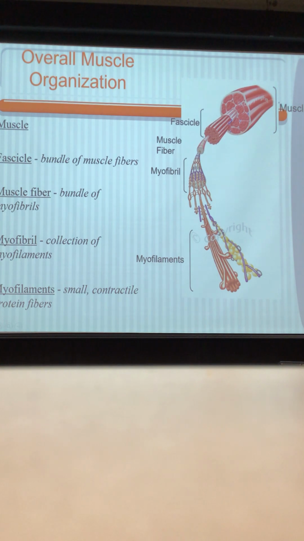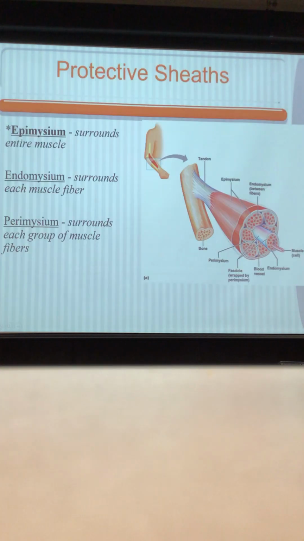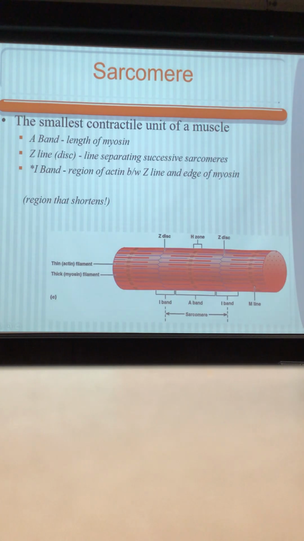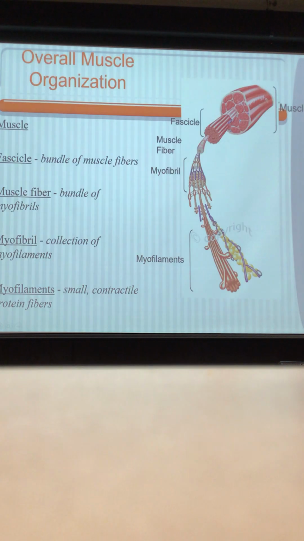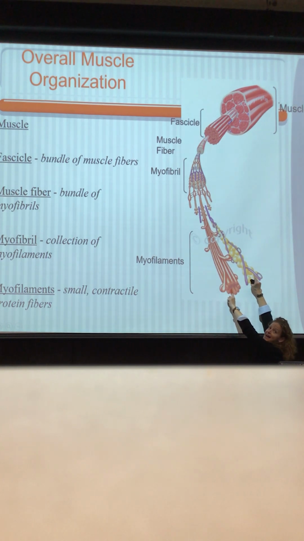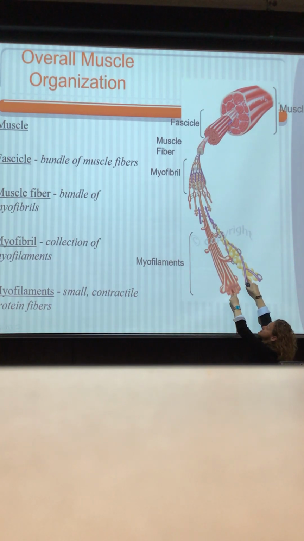All right, let's talk about those myofilaments. Smallest ones, what's important about the myofilaments? They're contractile. There are two different myofilaments, actin and myosin. Maybe you've heard of these before? If I go back for a hot second, these are the two. Actin and myosin.